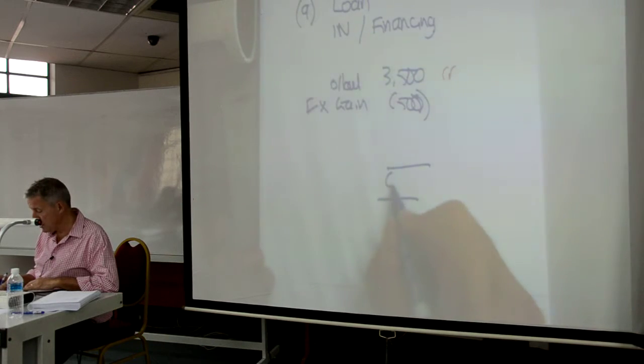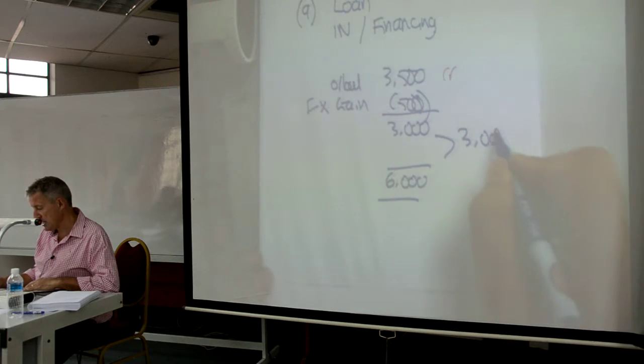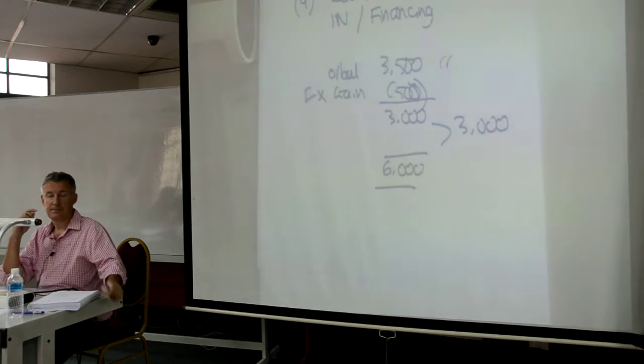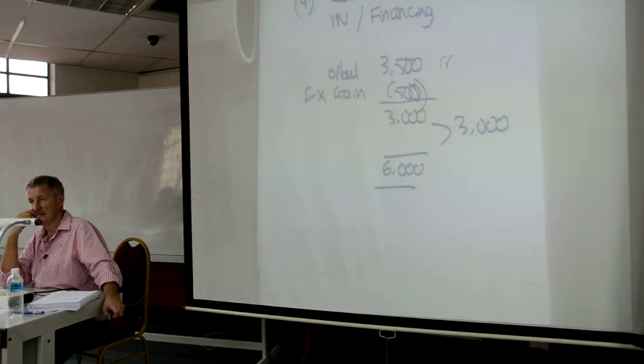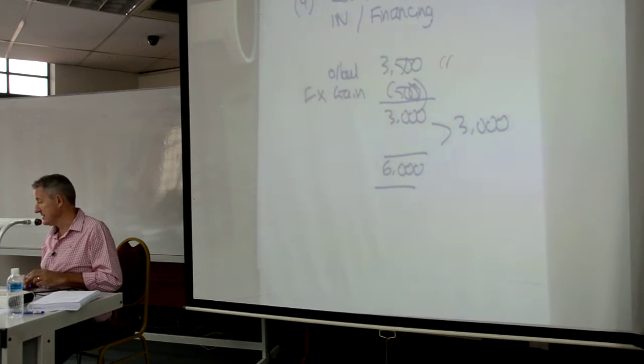And yet you owe 6. You would have thought you owe 3. So therefore the cash flow that you receive is 3. That would be money that comes in in your financing activity.